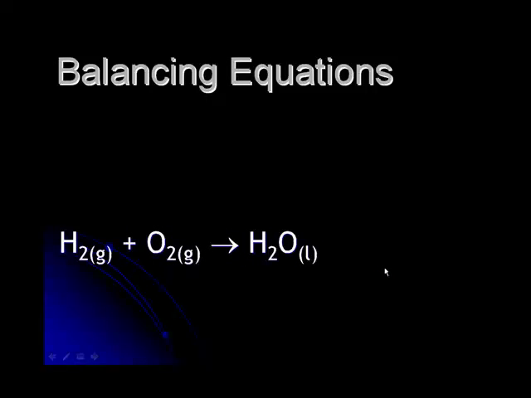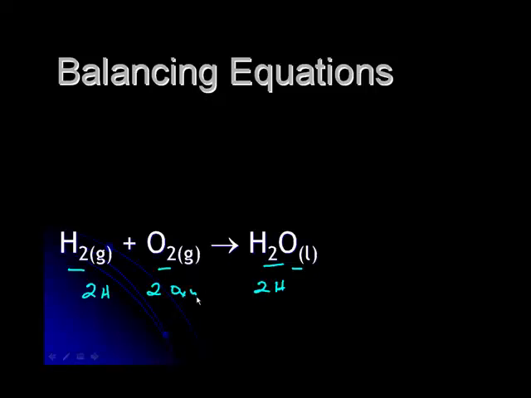Okay, so I'm going to run through a bunch of examples with you guys and follow along and try these out on your own. I've already got the reactants and the products written and the chemical state. So really I'm coming in at step 3, which is taking inventory and seeing what I have. Here I've got 2 hydrogens on the left and 2 hydrogens on the right, and 2 oxygens on the left and only 1 oxygen on the right hand side of the arrow.